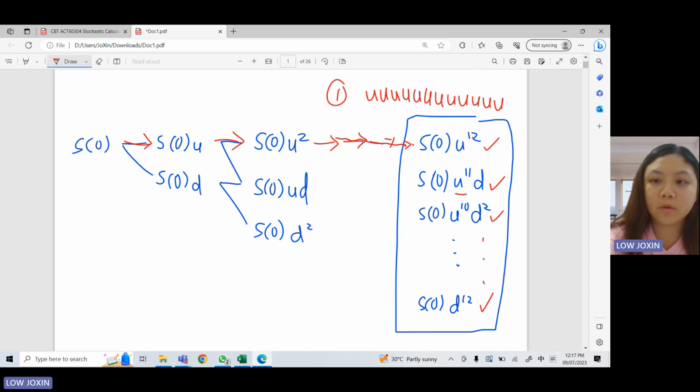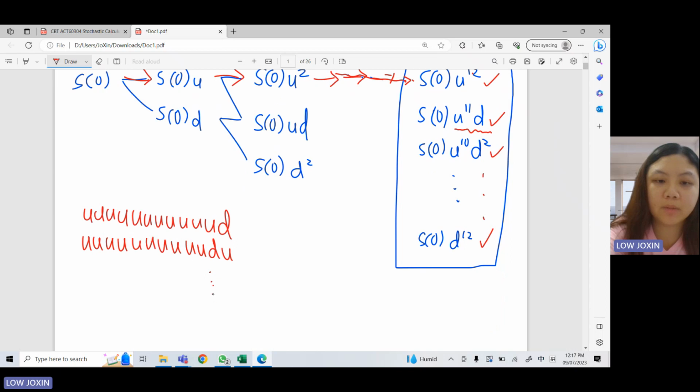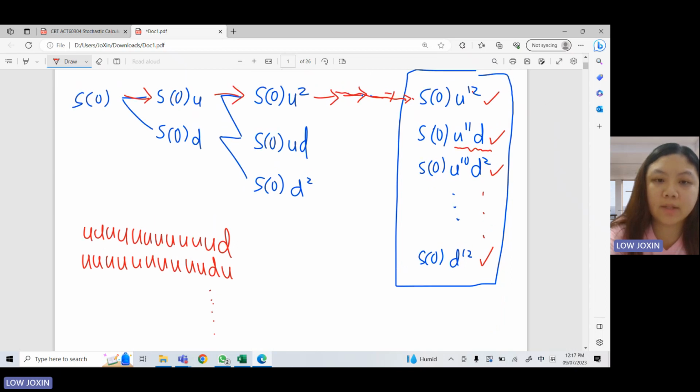But for U11D, we might have 11U and 1D, or we also can have 10U and 1D and 1U and so on. So there will be many possible ways to reach this U11D.